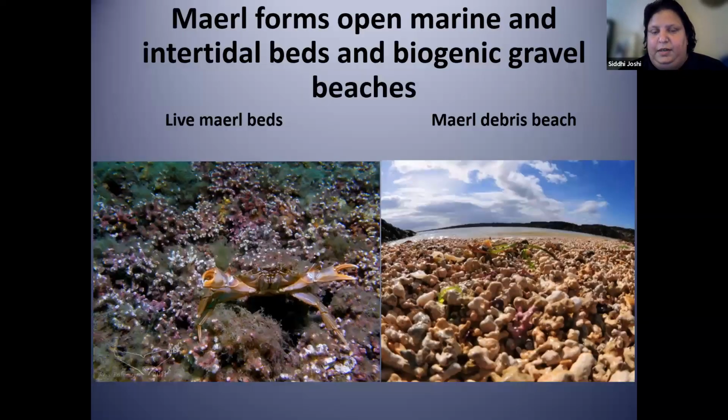The main habitat in Galway Bay, which I was studying, was maerl or rhodolith beds. Maerl forms biogenic gravel beaches and intertidal and subtidal beds in Galway Bay. It's a type of coralline red algae.